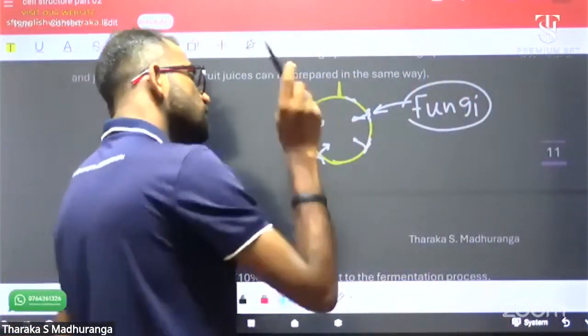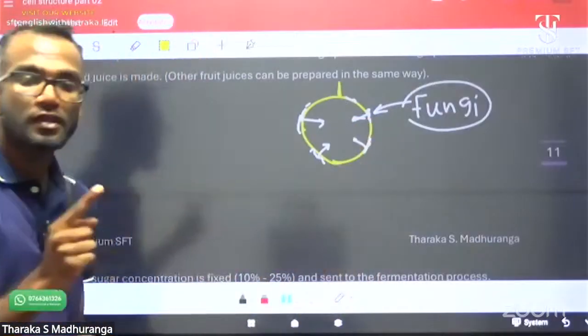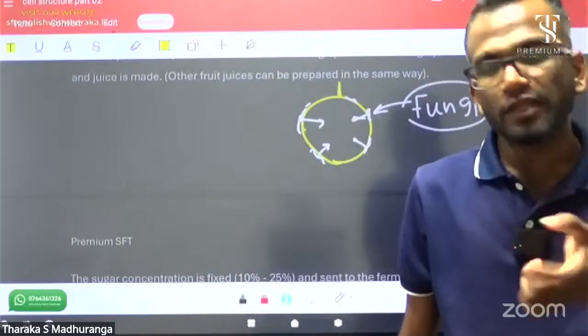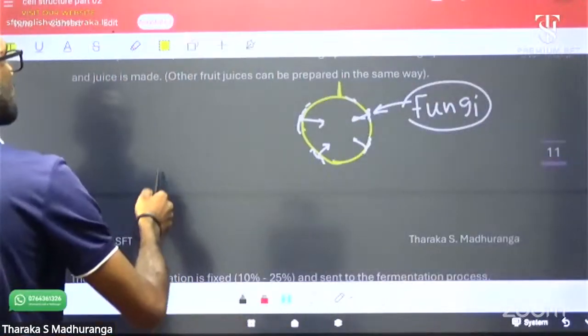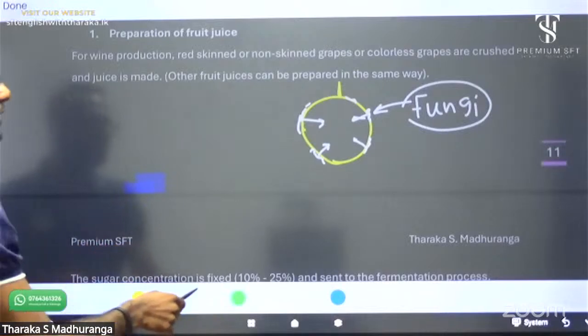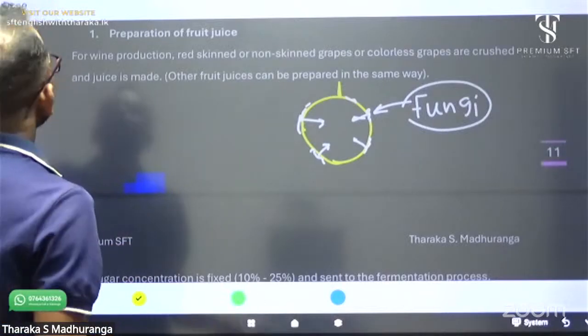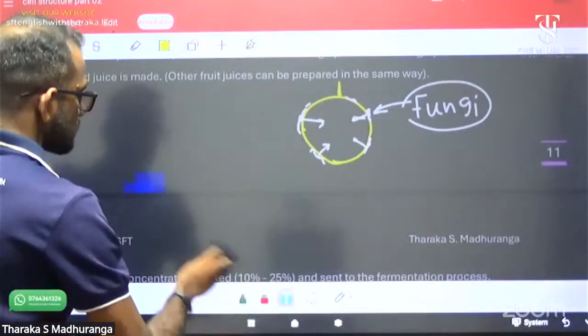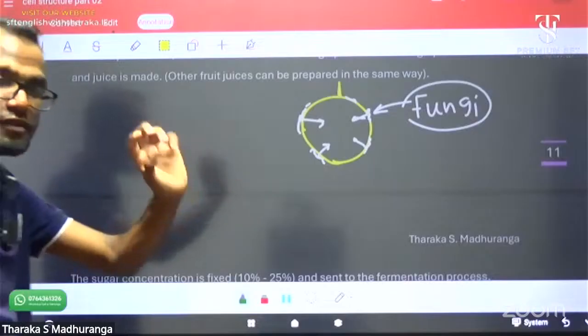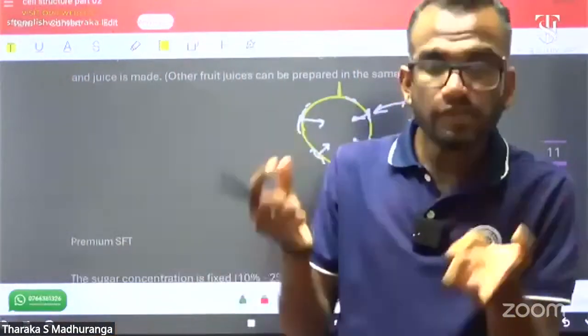Okay, now our first step of wine making is to make a pulp. Then what's the meaning of pulp preparation? The pulp preparation means these grapes with skins.